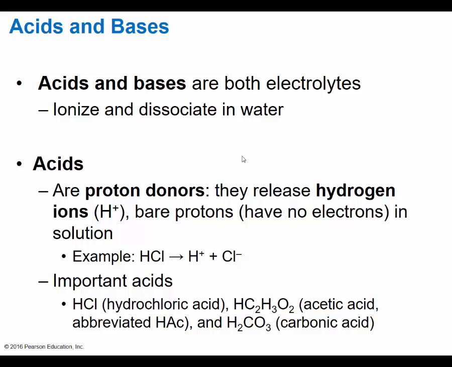But for strong acids, a majority of that solution is in ionic form. If it's a weak acid, like carbonic acid, we see the H2CO3 molecule in solution not separated into ions.